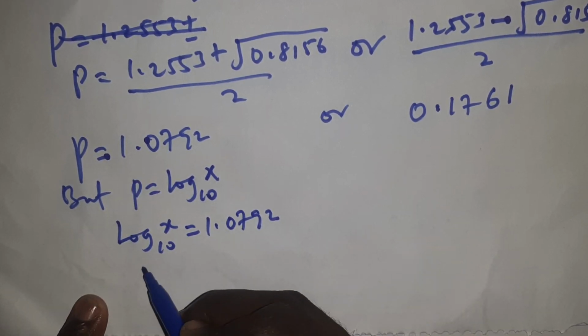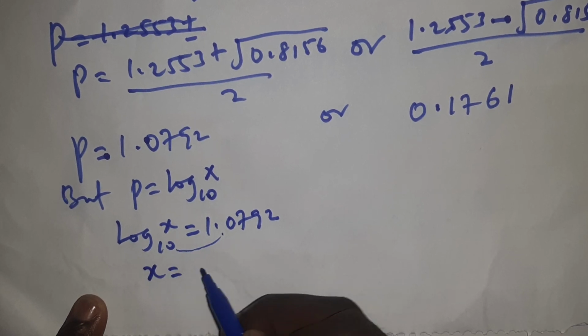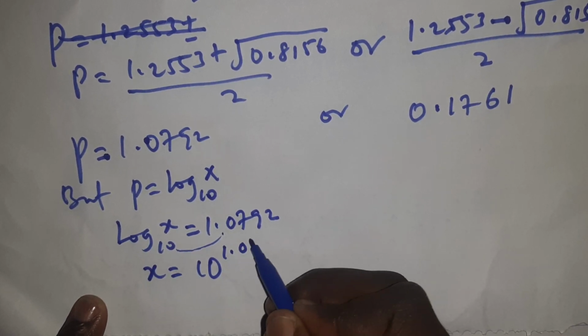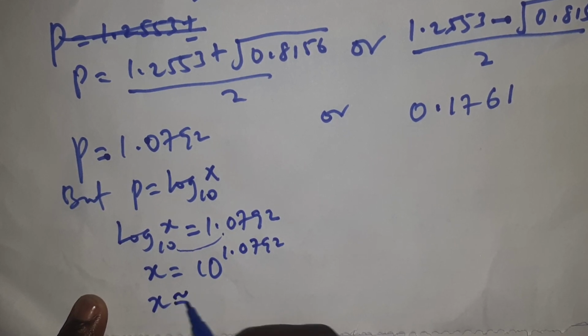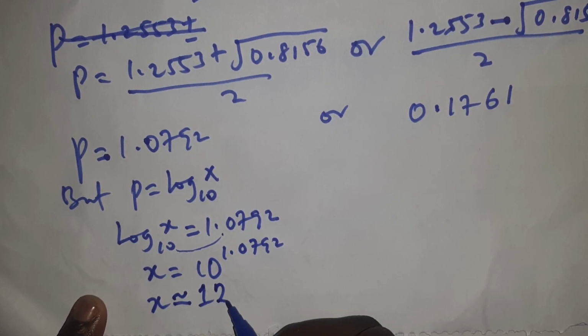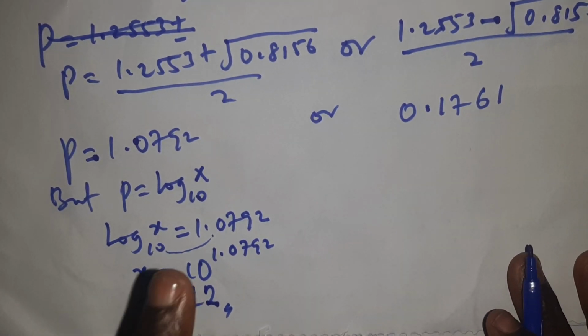And of course, we now have 10 raised to the power. This must give me my x. So x equals 10 raised to the power 1.0792. You now have your x to be approximately 12. This is the first correct solution to the equation.